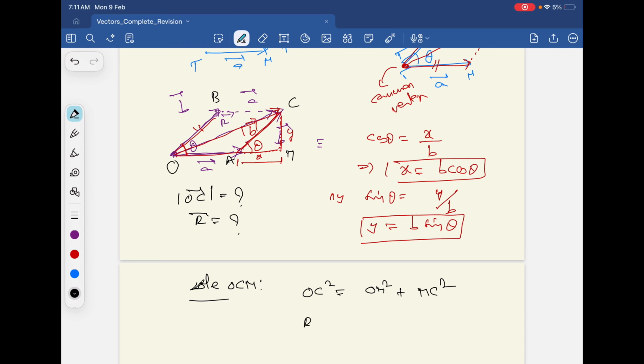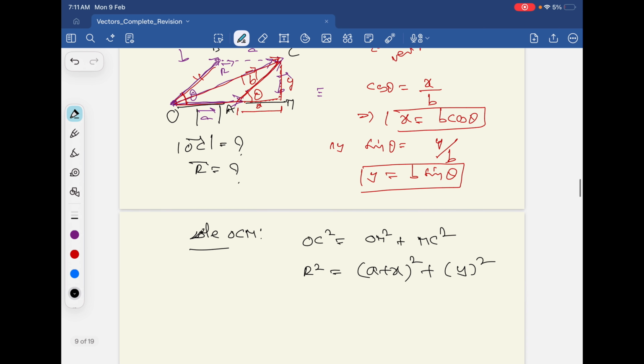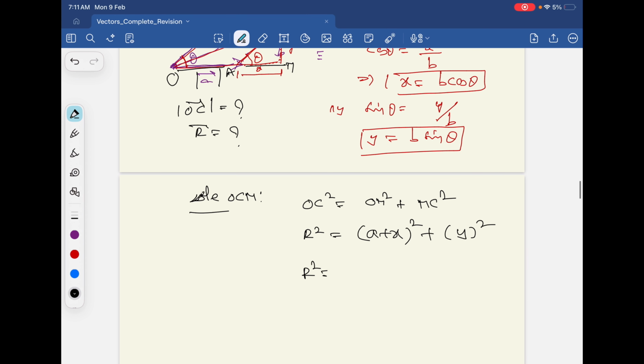OC is R, so R square is equal to OM square plus MC square. OM is OA plus AM, where OA is A and AM is X, so OM is A plus X. So R square is equal to (A plus X) whole square plus Y square, since MC is Y. The value of X is B cos theta, so R square is equal to (A plus B cos theta) whole square plus the value of Y squared.